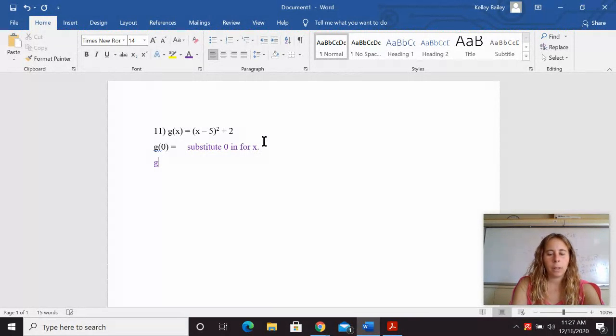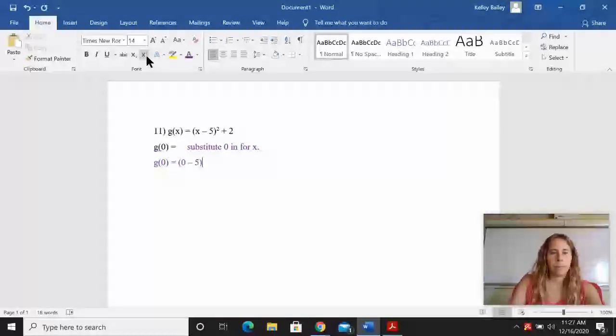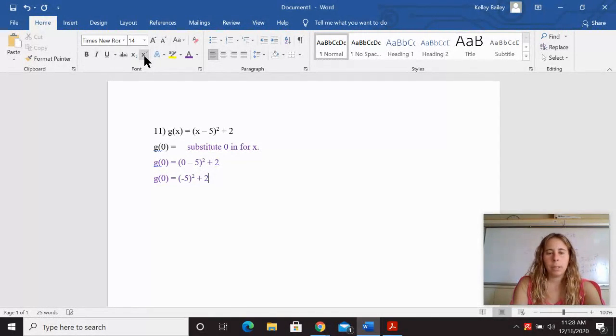So that's g of 0 equals, substitute it in, (0 minus 5) squared plus 2. Okay, and here you have negative 5, and that's squared, plus 2.